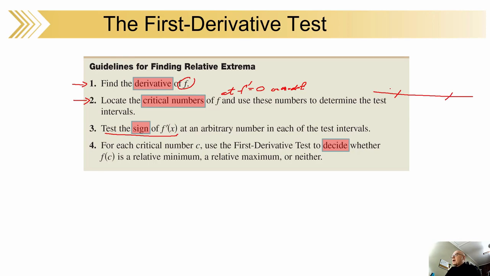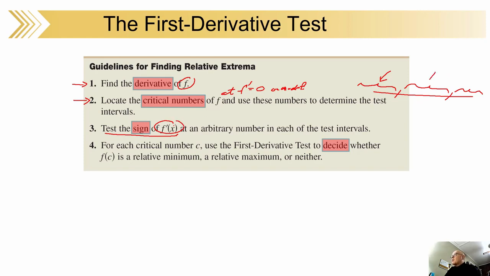If you cut it two places, that gives you 3 intervals. You've got numbers out here, you've got numbers between the critical numbers, and you've got numbers to the right of the last critical number. 3 areas. What you're going to do is, and you have a choice here, pick any number at all in this interval. Put it in the derivative and see if you get a positive or a negative.